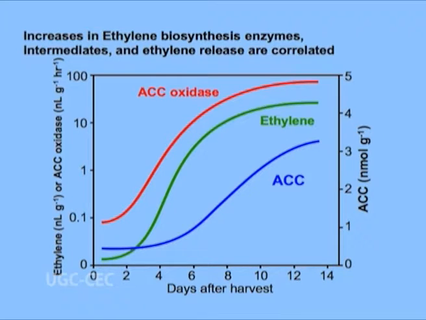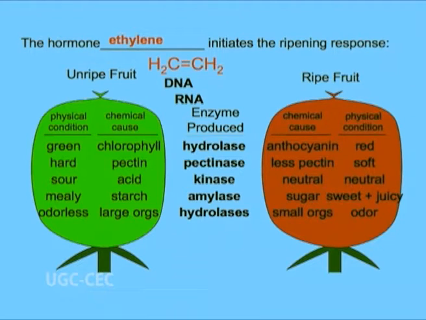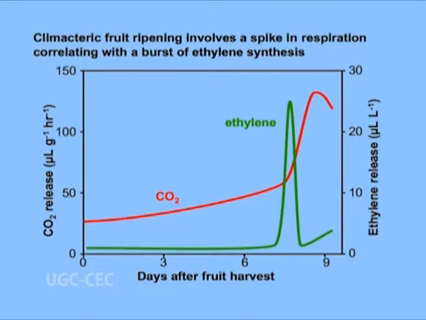The ripening of the fruit is regulated by ethylene because there is a rise in ethylene production before ripening. Exposure of raw fruits to ethylene hastens the process of ripening. Fruits like banana, mango, tomato, apple and fig respond to external application of ethylene, and these fruits are called climacteric fruits.